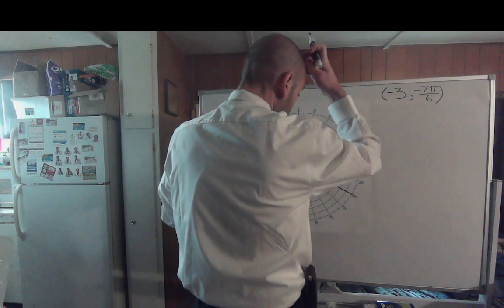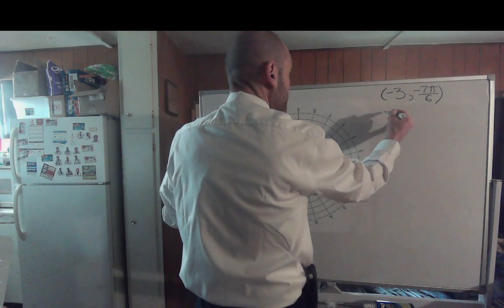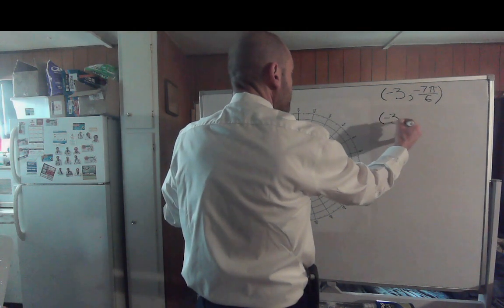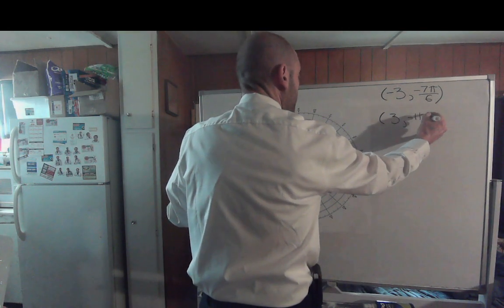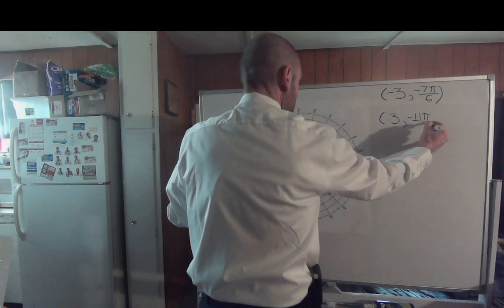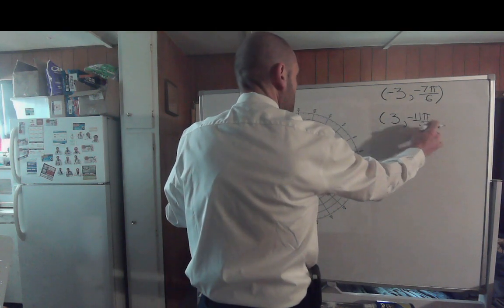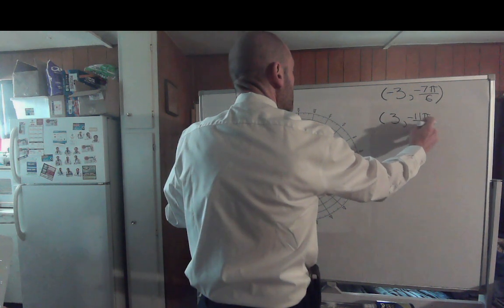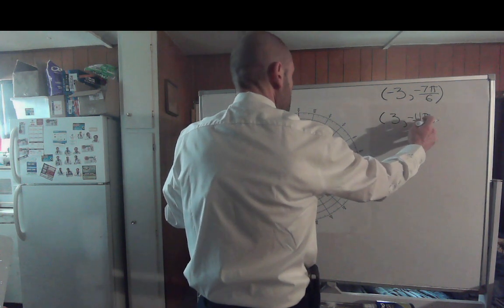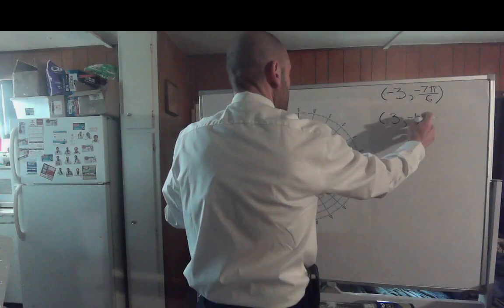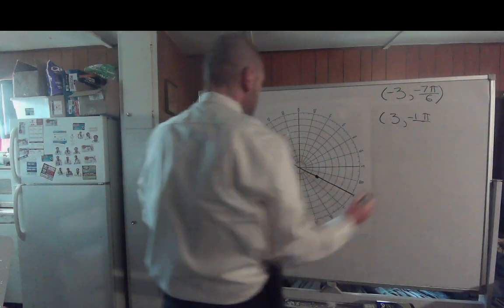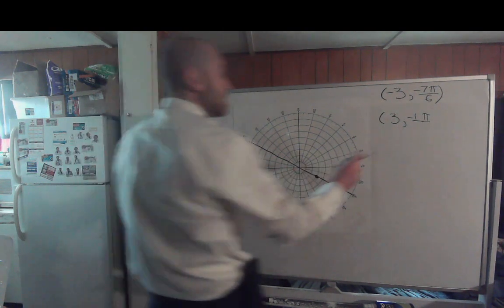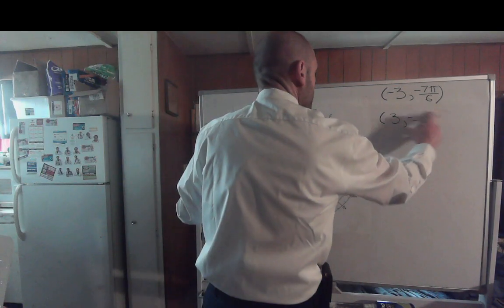This is the same thing if you're keeping your theta negative. If you subtract another pi in this case, you would end up getting (3, -11π/6). Actually, no, you add pi, you would end up getting -π/6, excuse me.